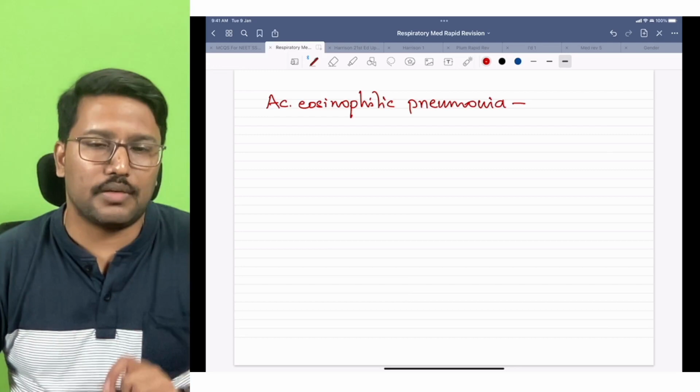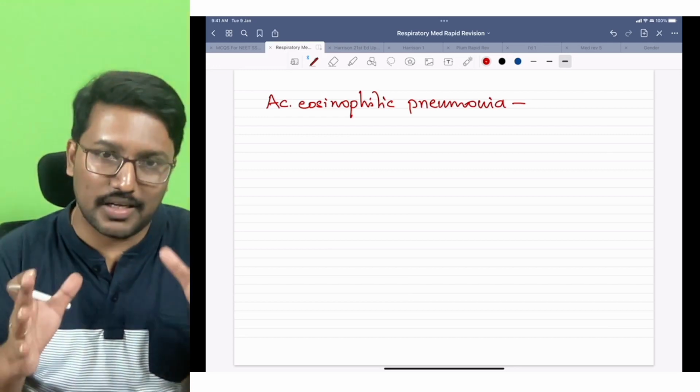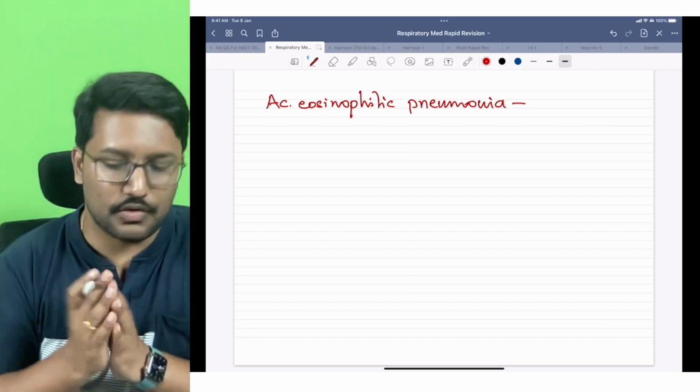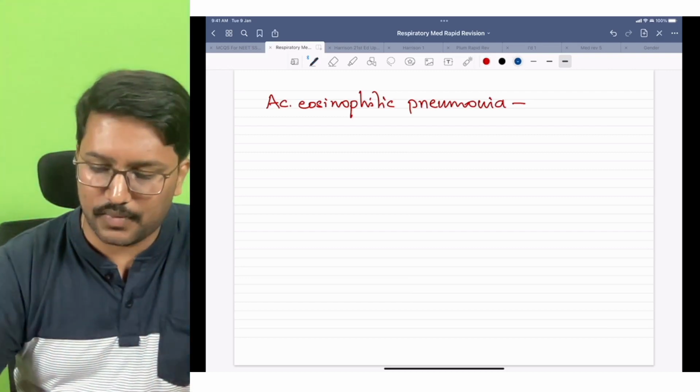Acute eosinophilic pneumonia and chronic eosinophilic pneumonias are primarily lung disorders where there is eosinophilic inflammation. Now, the hypereosinophilic syndromes are characterized by some features, right?